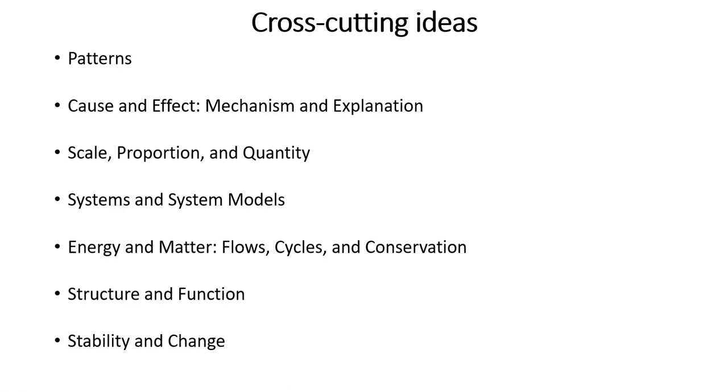The last part deals with cross-cutting ideas. So these cross-cutting ideas are present in all the disciplines, or in all the science disciplines. Patterns. So we talk about patterns in physical science. We talk about patterns in biology.